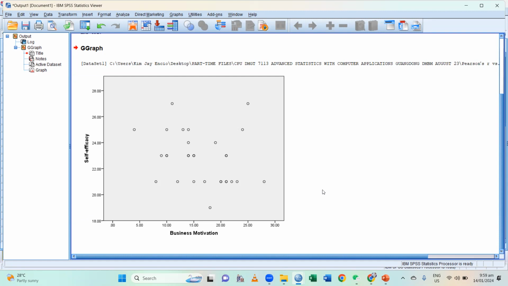Do you see a line that rises to the right? Or is there no line at all? Is it positive, negative, or no correlation?